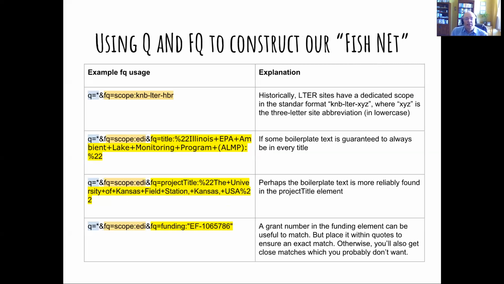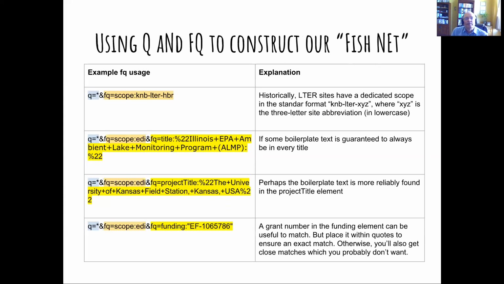Historically, each LTER site has been assigned a dedicated scope value in the standard format KNB-LTER-XYZ, where XYZ is the three-letter site abbreviation in lowercase. This example uses the scope value for the Hubbard Brook LTER. This makes it easy to match all data packages from a particular LTER site. Simply filter on that site's scope value.